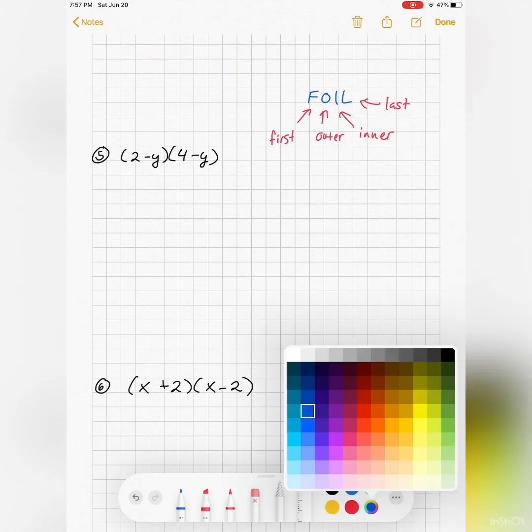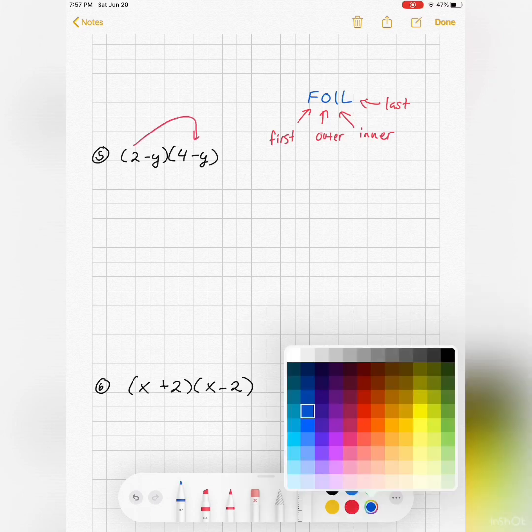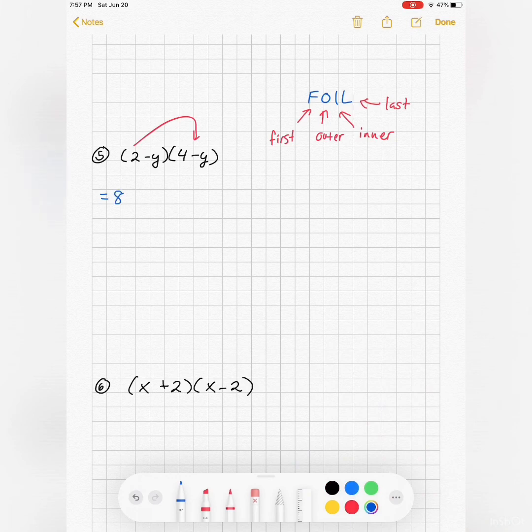Another FOIL. Okay, 2 times 4, 8. Negative y times negative y, that's plus y squared.